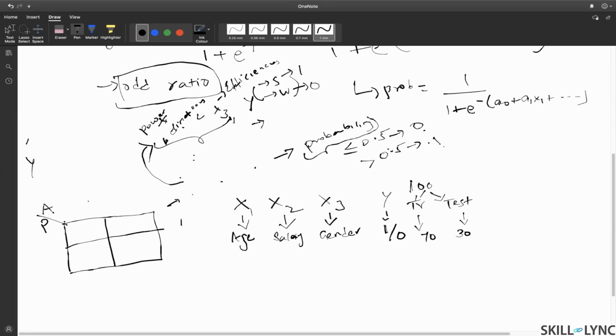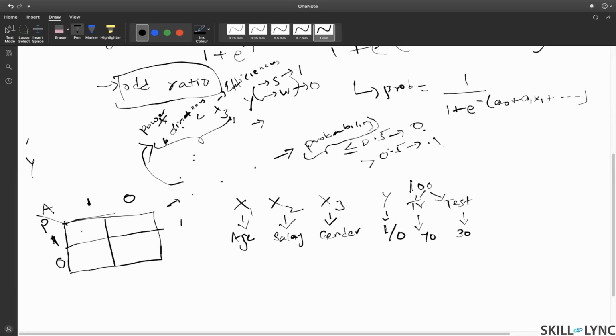Now say this is your actual ones, your actual zeros, predicted ones, predicted zeros. So in linear regression, how did we measure the accuracy? Using R square, right? In logistic regression, how do we measure the accuracy? Simple, it's by how well we are predicting the output. Let me rephrase my question by using this confusion matrix.